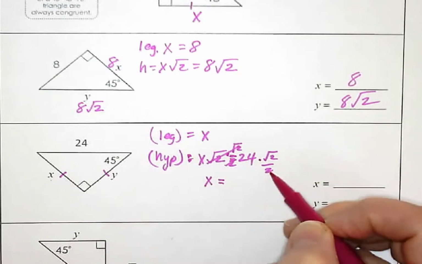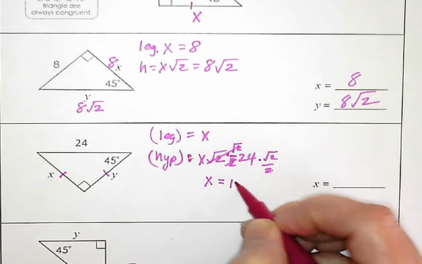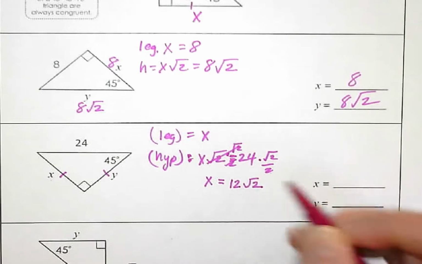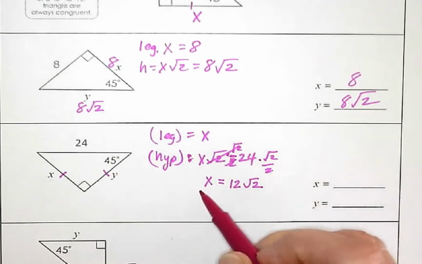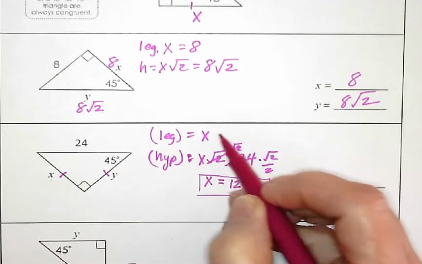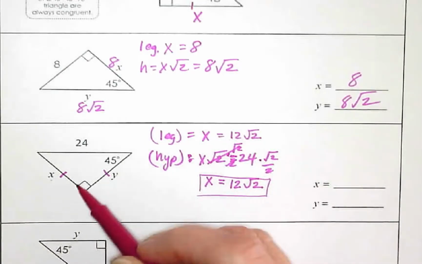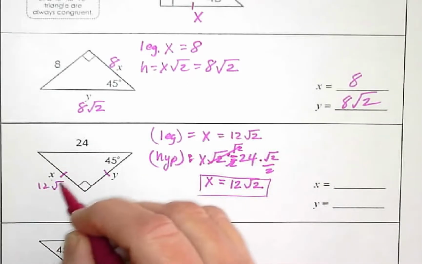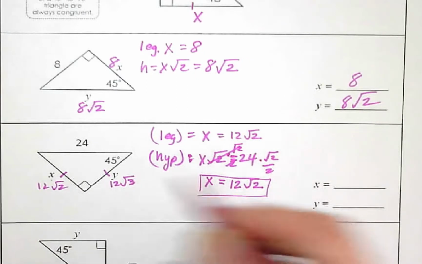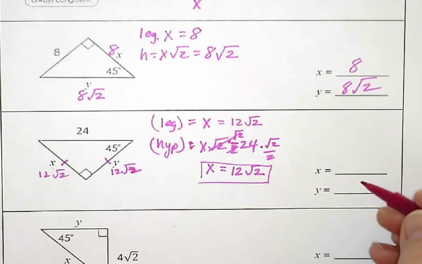The 24 and the 2 are like terms, so I can divide them out and put the square root of 2 along with it. So x, which is my leg, is going to equal 12 square root of 2. So when I come over here, my legs are 12 square root of 2 and 12 square root of 2, and then I can identify my x and y in my answers.